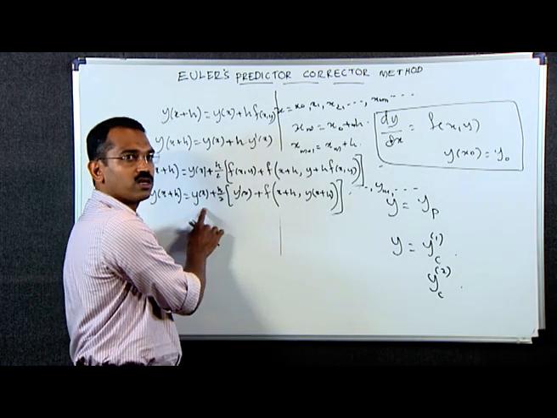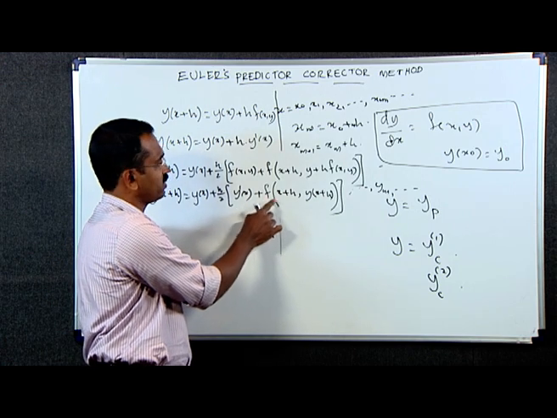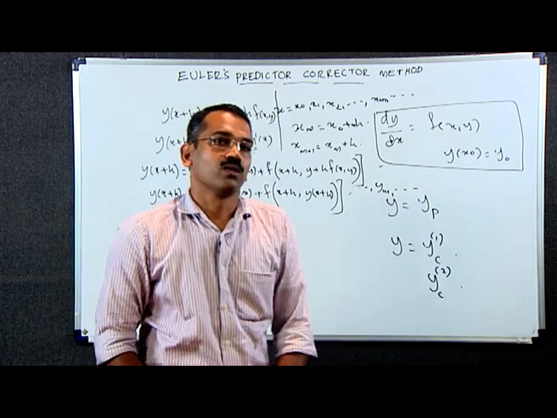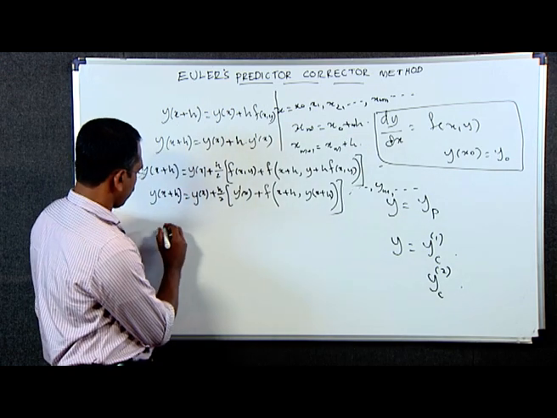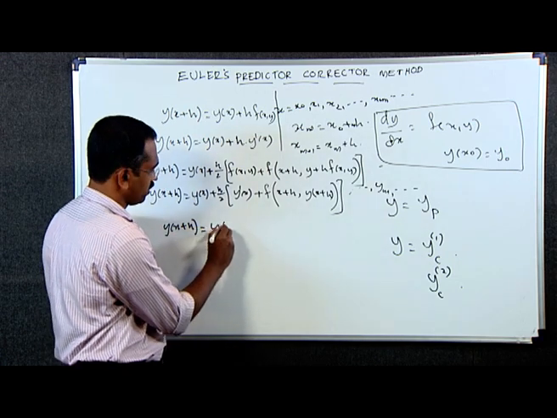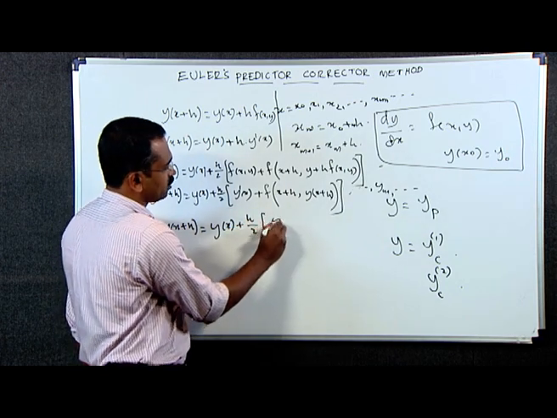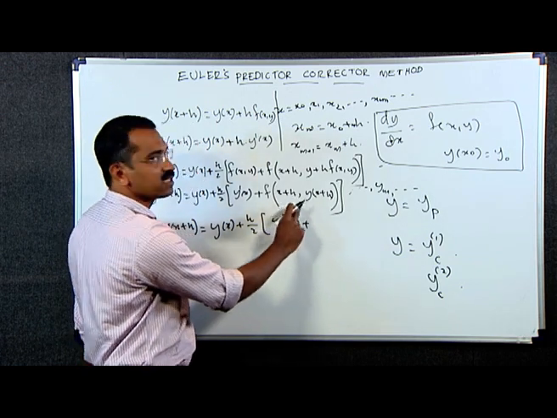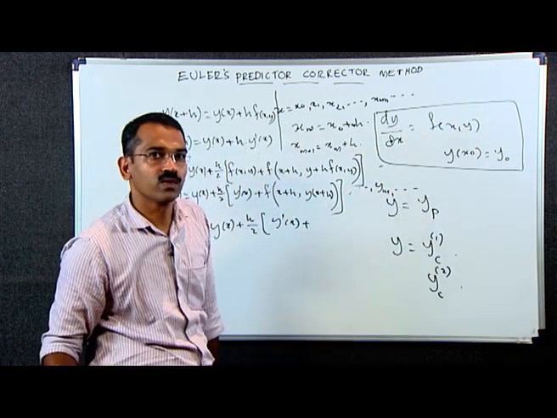y(x+h) = y(x) + (h/2)[y'(x) + f(x+h, y(x+h))]. Therefore, we can write y(x+h) = y(x) + (h/2)[y'(x) + y'(x+h)], because y'(x) is f(x, y).